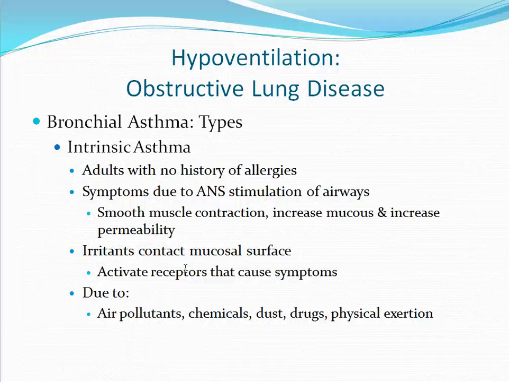Here, irritants make contact with the mucosal surface and activate receptors that lead to these above symptoms. What can cause intrinsic asthma could be air pollutants, chemicals, dust, drugs, and even physical exertion.